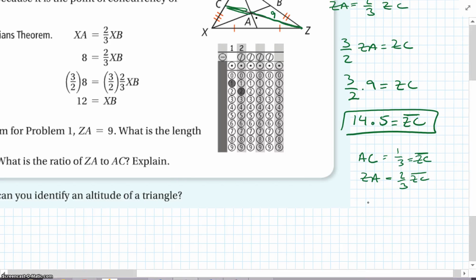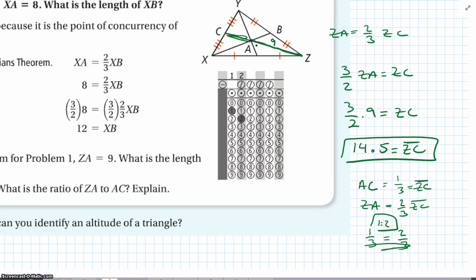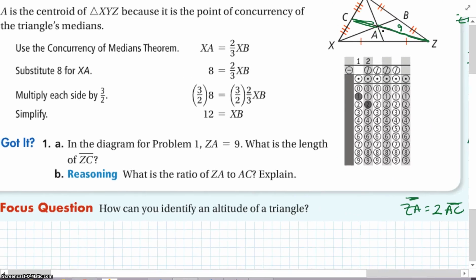So we could say it is 1/3 to 2/3, or we could say it's a 1-to-2 ratio. So ZA is equal to 2 times the length of AC. So it's a 2-to-1 ratio.